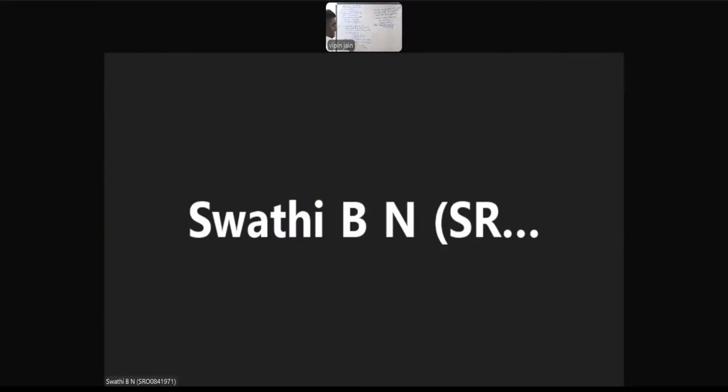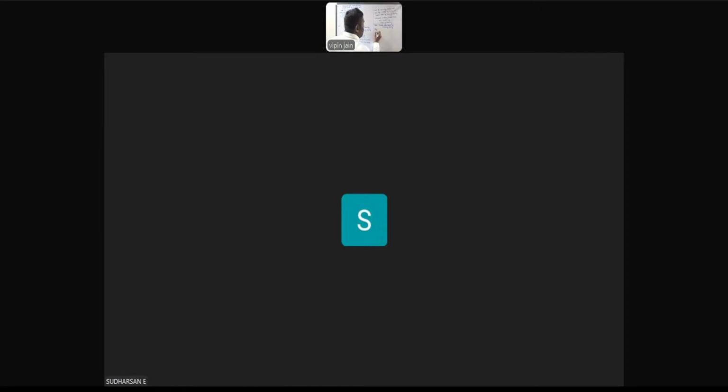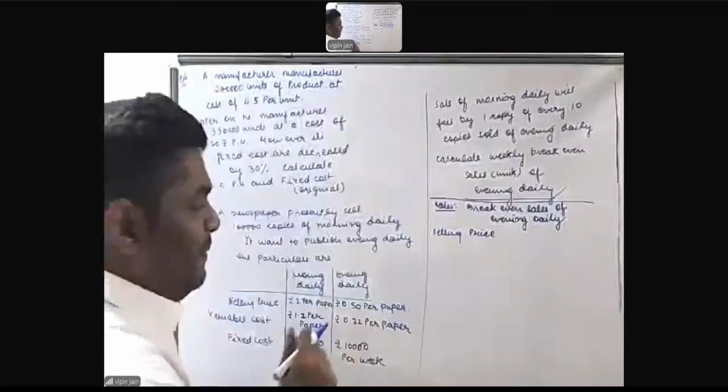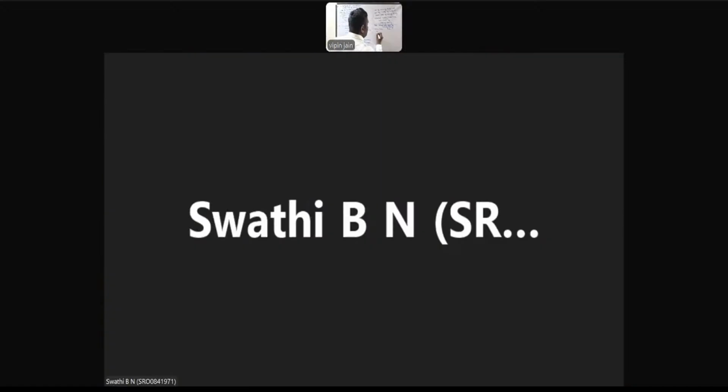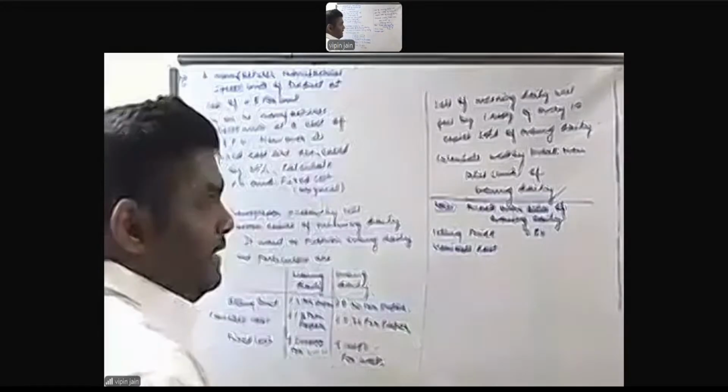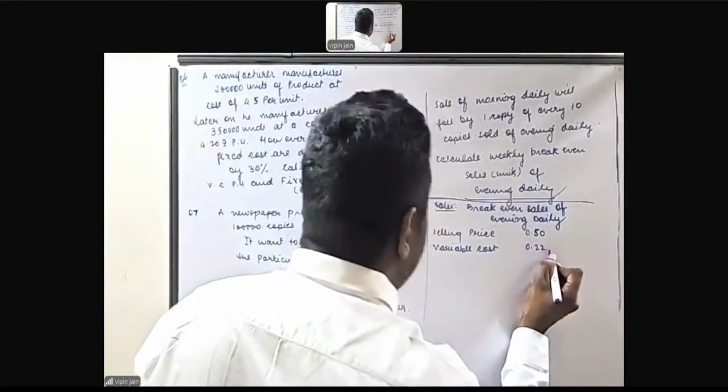Now see, herein the selling price of Evening Daily is 0.50. Variable cost is 0.22.